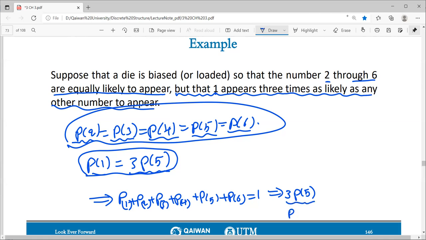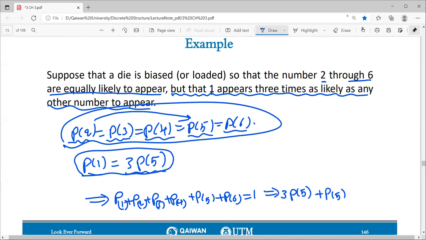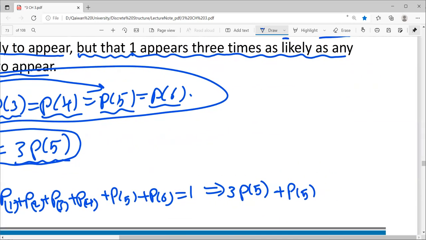This is probability 1. Then plus probability 2, which is the same as probability 5 because these are equal. And probability 3 is also equal to probability 5.